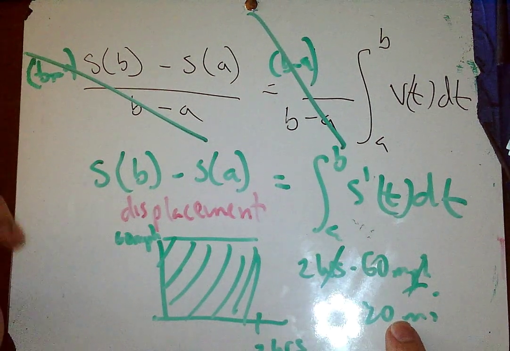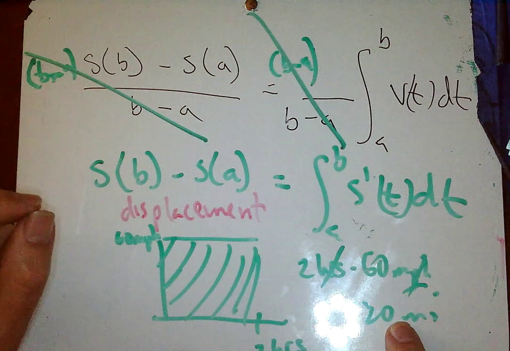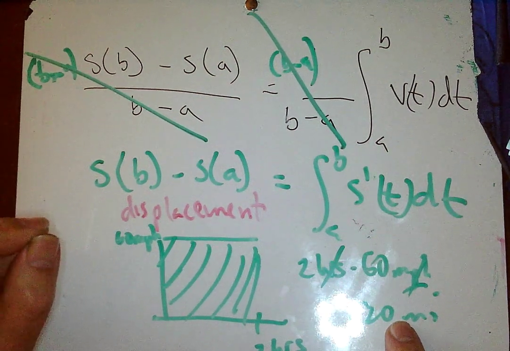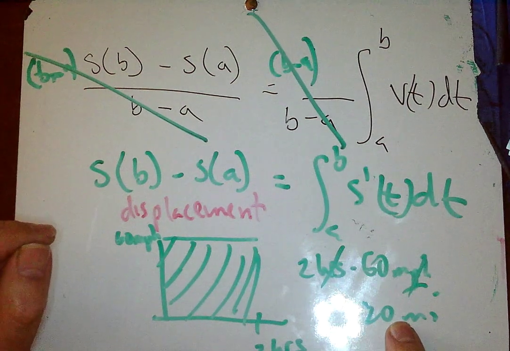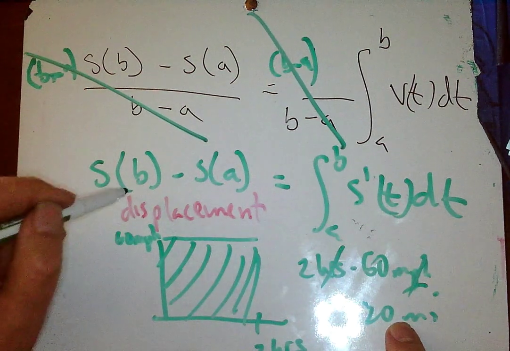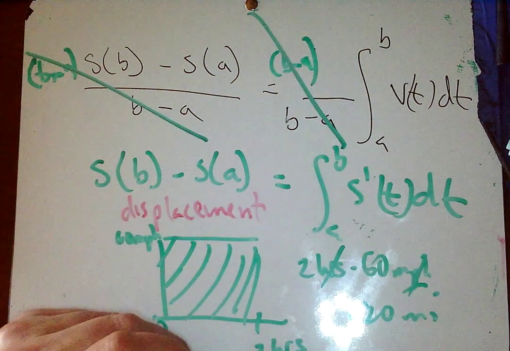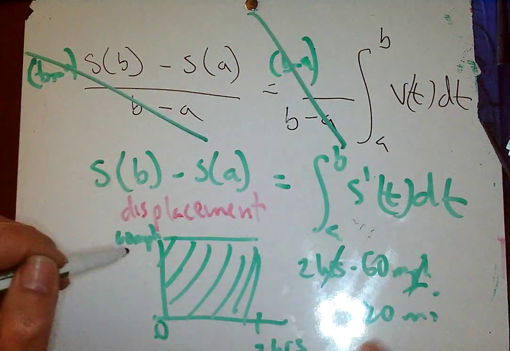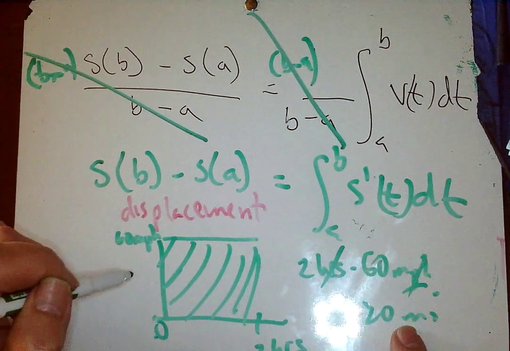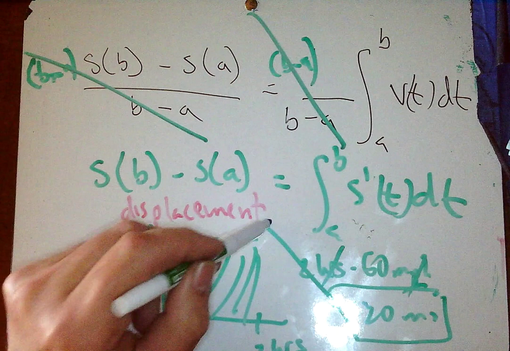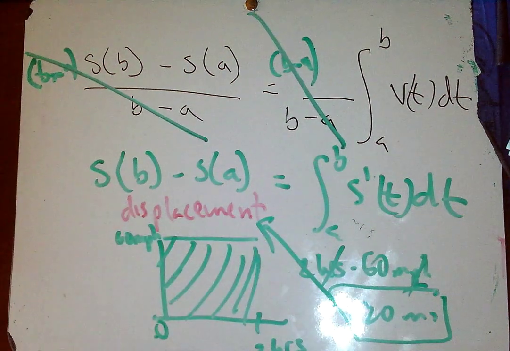I'm now at the rest stop called 120 miles? I'm not in New York now. Instead, it says the change in position from 0 to 2 hours was 120 miles. That 120 miles is my displacement.